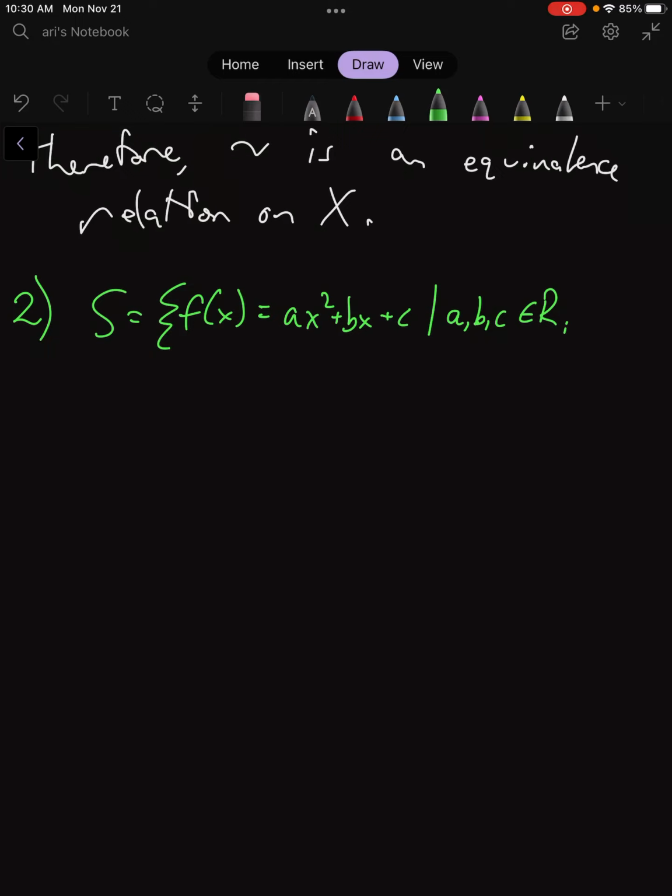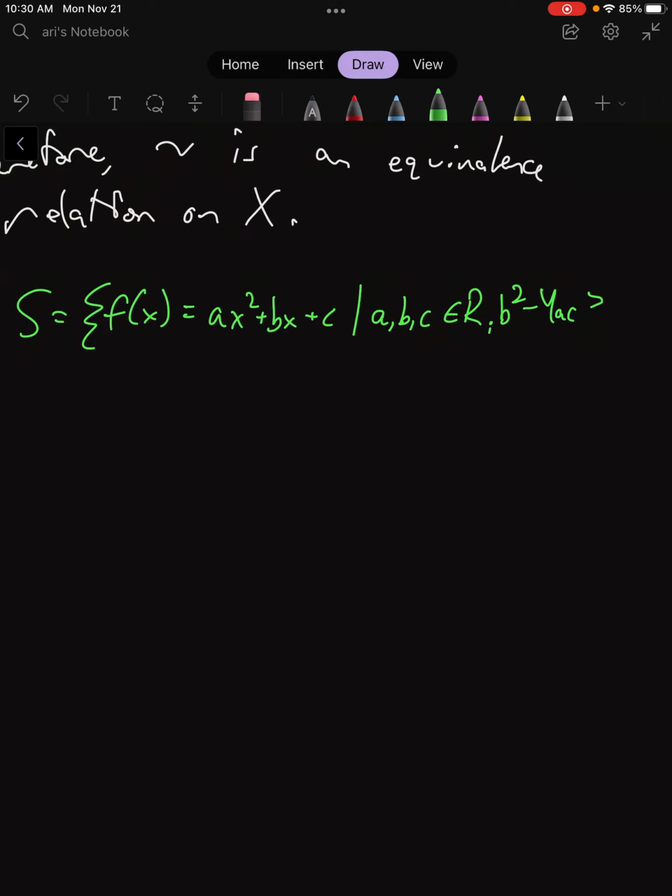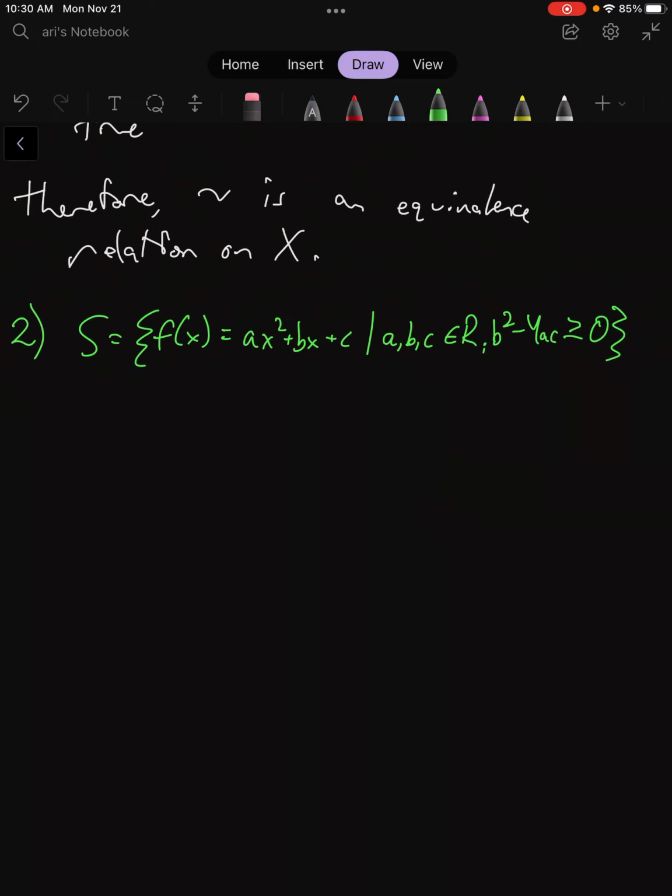and b squared minus 4ac is greater than or equal to 0. Many of you know from other classes you've taken probably that b squared minus 4ac is called the discriminant. And if it's greater than or equal to 0, that means that we're going to have real roots.